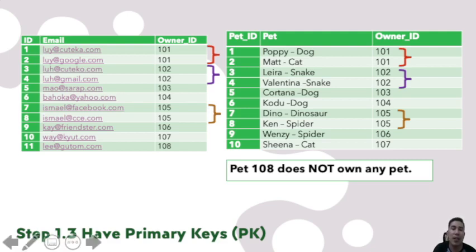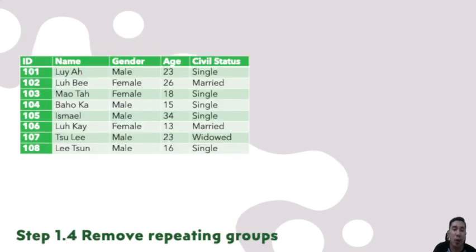Okay, next is step 1.4, which is remove repeating groups. When we talk about removing repeating groups, obviously in our table TBL owner, we have fields that have repeating groups, particularly gender and civil status.